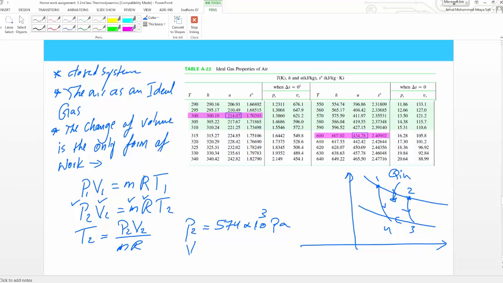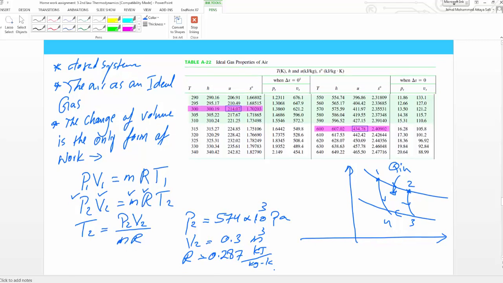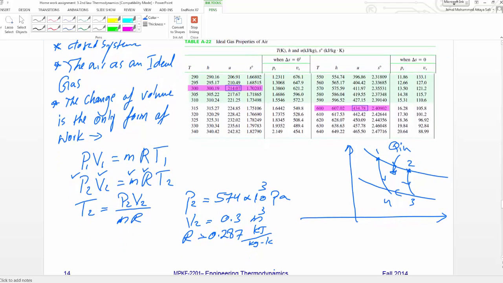And then V2 is 0.3 meter cubed, that's given. And R for the air is 0.287 kilojoule per kilogram Kelvin. And the mass, I can also write it here. The mass is 1 kilogram.